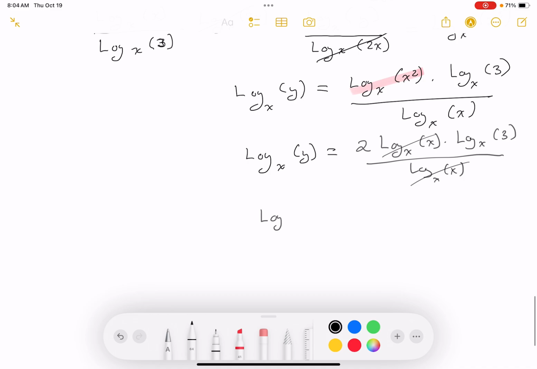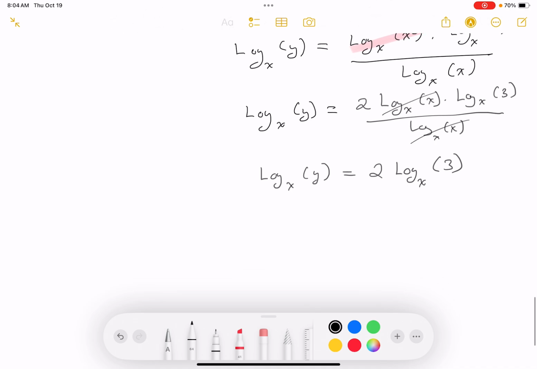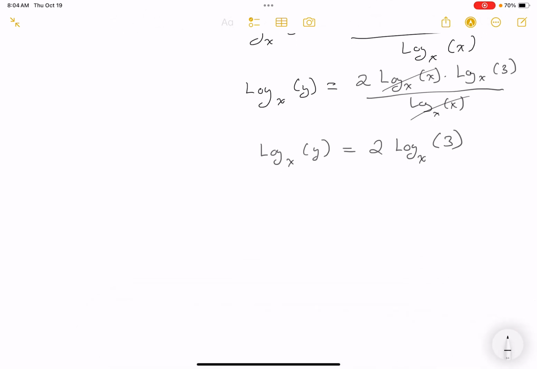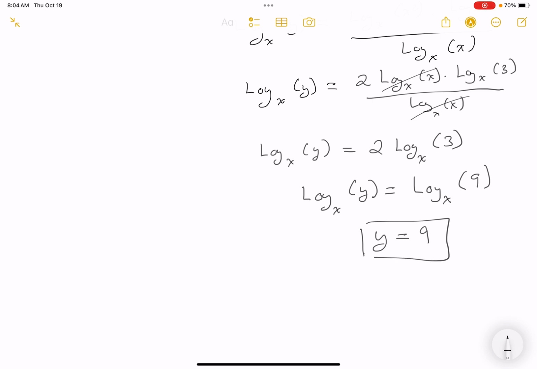So log base x of y is 2 log base x of 3. Well, let's keep going. And I'll write it a little differently now. Log base x of y is equal to log base x of 3 squared, which is 9. What do I notice now? y is 9. All right, thank you.